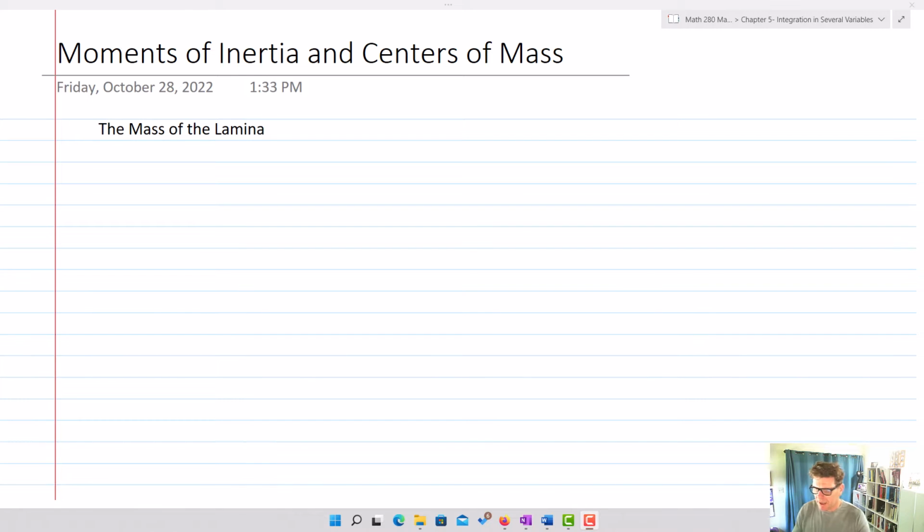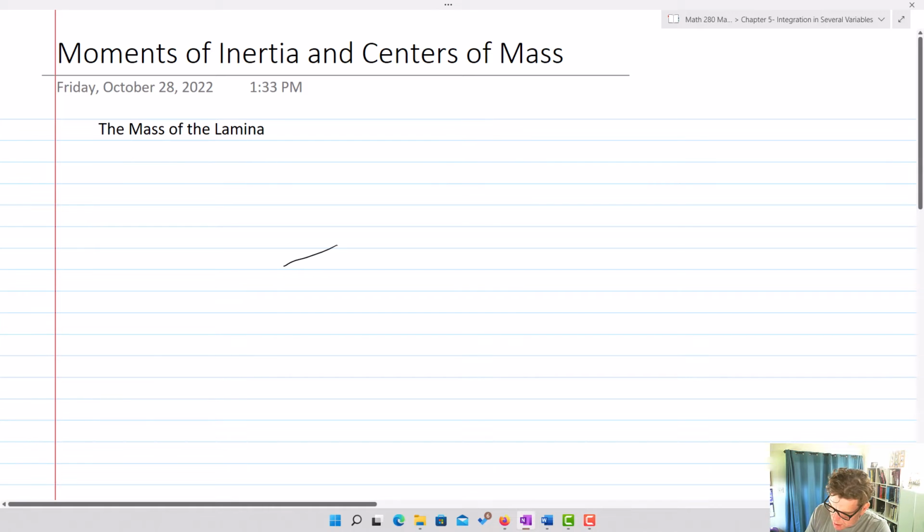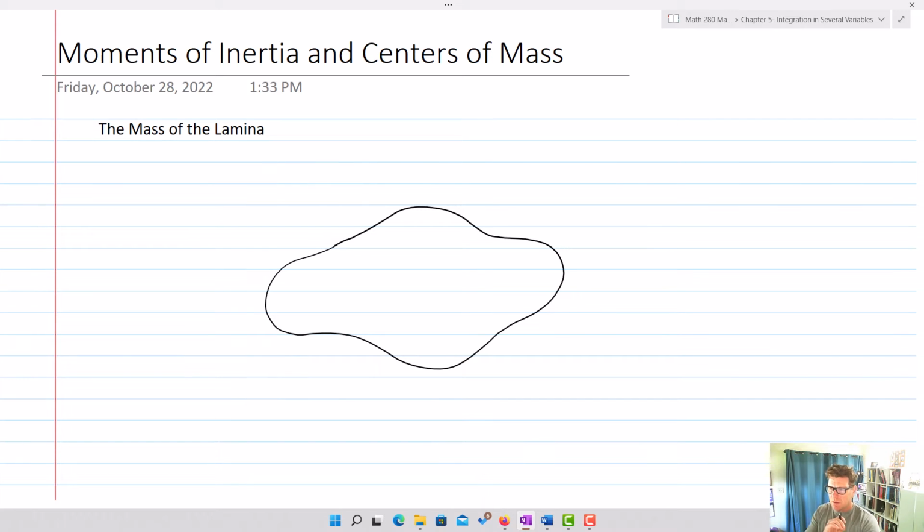Remember that the lamina is like a 2-dimensional figure, like our region D, very, very thin, so it can be treated as if it's a 2-dimensional figure.